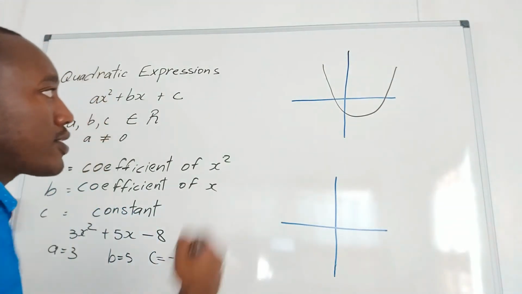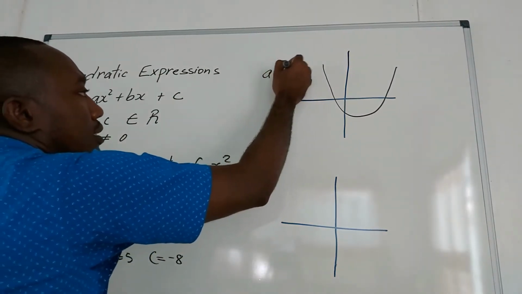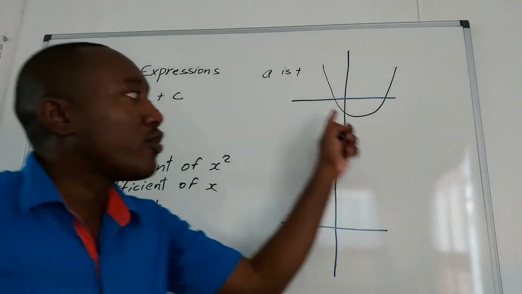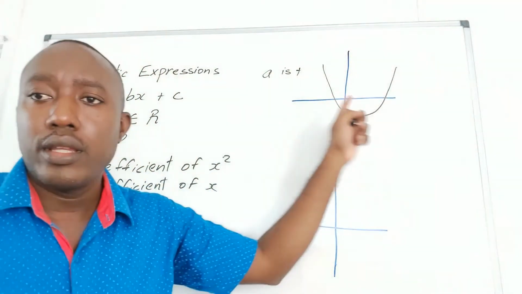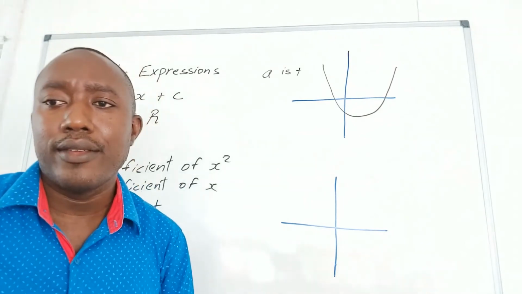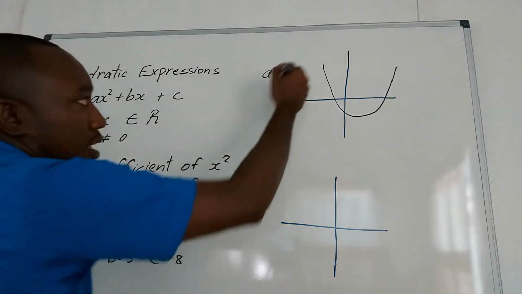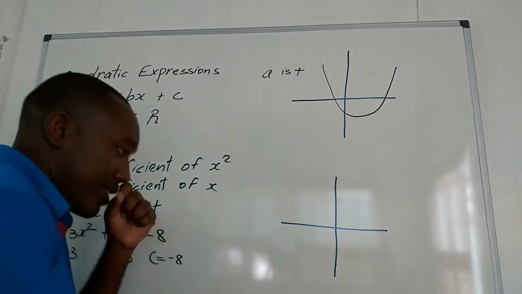If a is positive, our curve will be this shape. It will give us a smile, you know that smiley emoji? If a is positive, it will give us that smile.